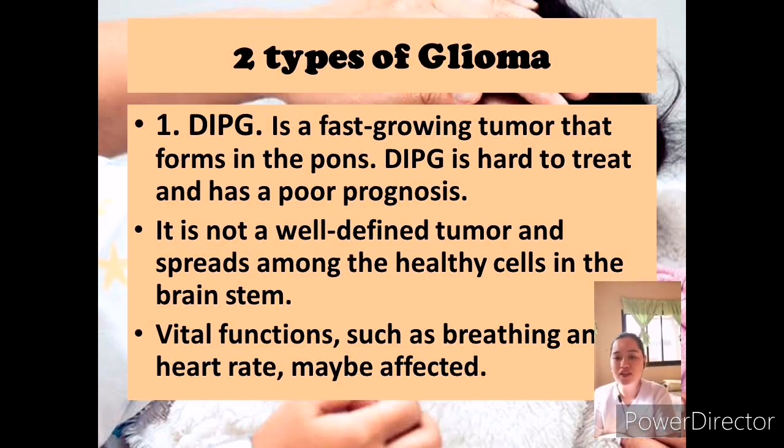Vital functions can be affected, such as breathing, heart rate, and the rhythm or pattern of the heart. That is the first type of glioma.